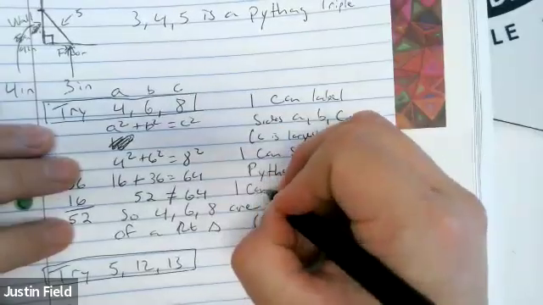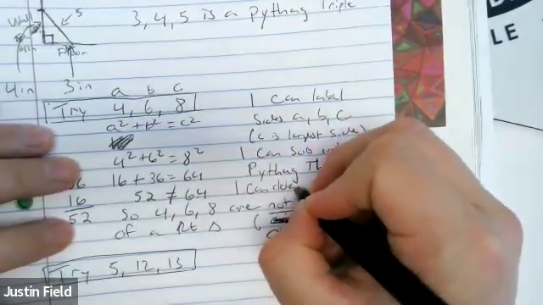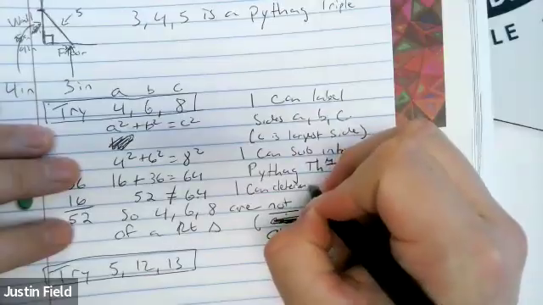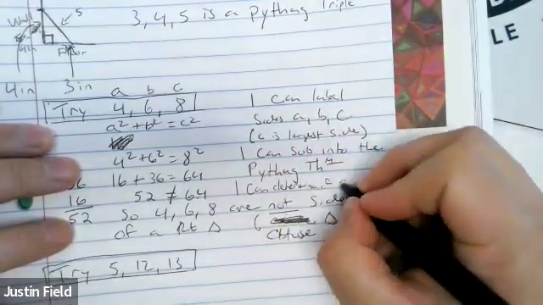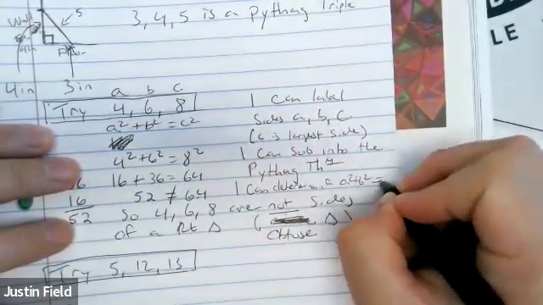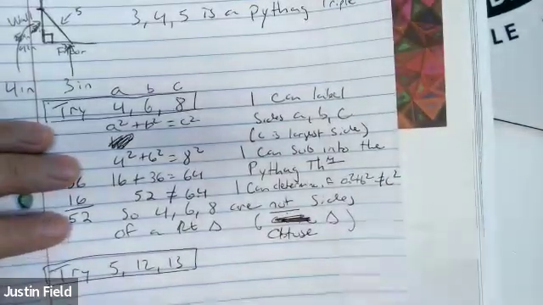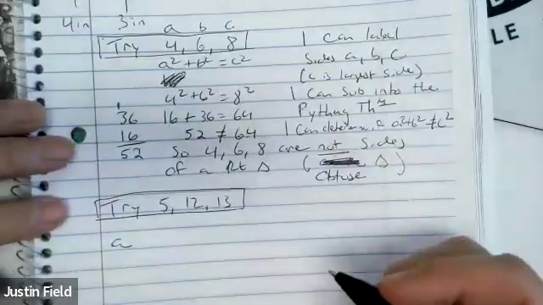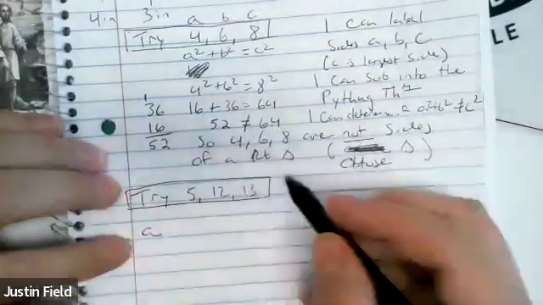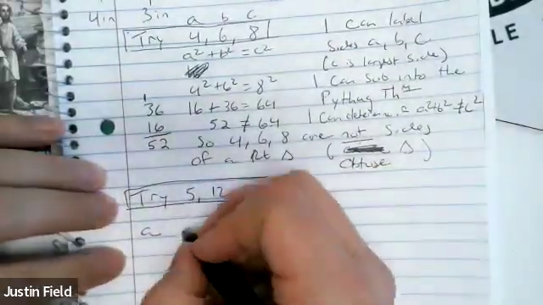I can determine if a squared plus b squared is not equal to c squared, right? Is that what we need to do? Or if it is. So, okay, can we label our sides A, B, and C?